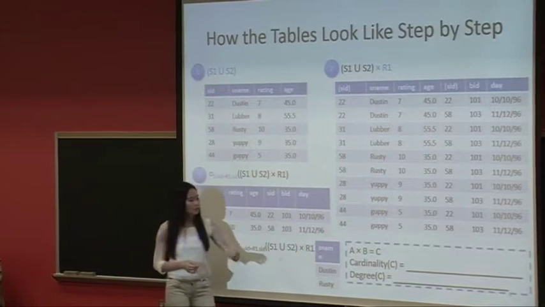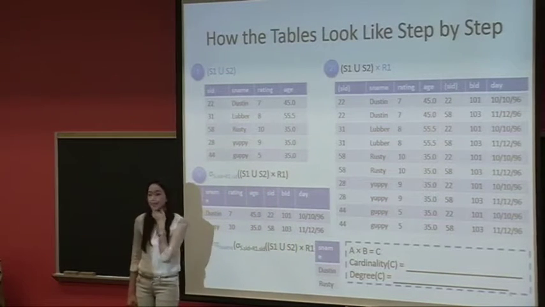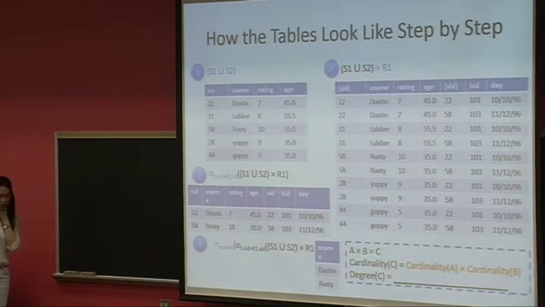So what will the number of rows of C be? Yeah, the number of rows of A times the number of rows of B. So that's the cardinality product.